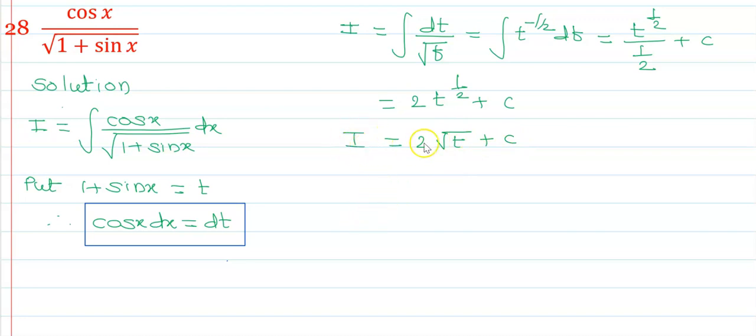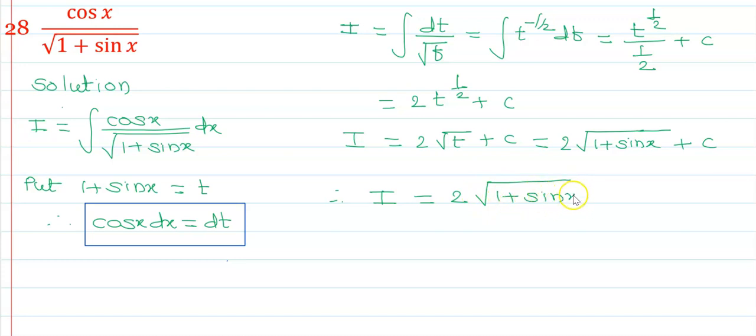This is all. Now resubstitute the value of t. What is t? t is 1 plus sin x. Hence I is equal to 2 times the square root of 1 plus sin x plus c, and this is the answer.